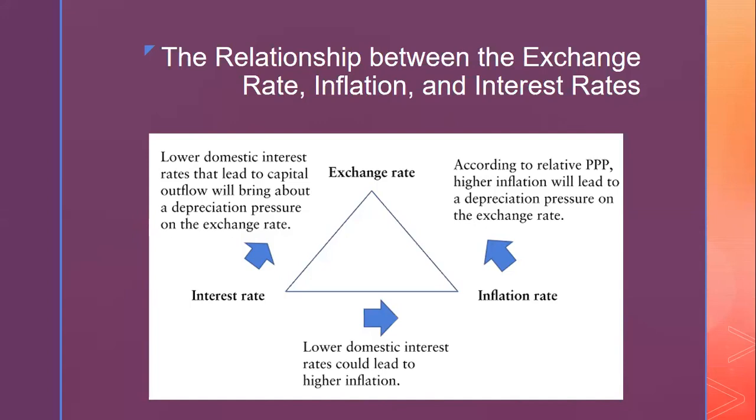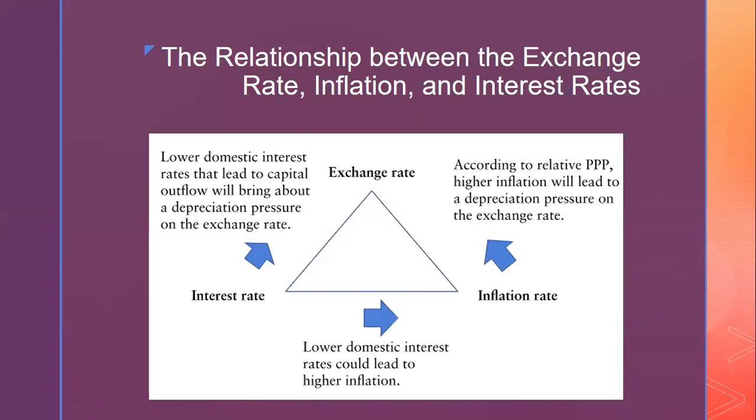So they might decrease the domestic interest rate. Now the policy decision of the central bank mainly influences the interest rate, so they are lowering the policy interest rate or the domestic interest rate.